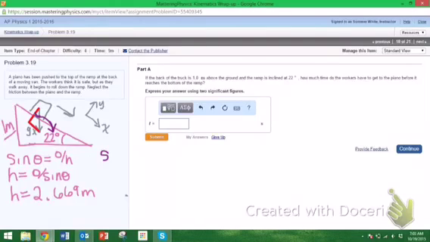So sine of theta is equal to my opposite over my hypotenuse. I'm looking for the opposite side, so my opposite is equal to my hypotenuse times the sine of theta. My hypotenuse in this case is the value of g, which we know is 9.8 meters per second squared. So I'm going to look at 9.8 times sine of 22 degrees.